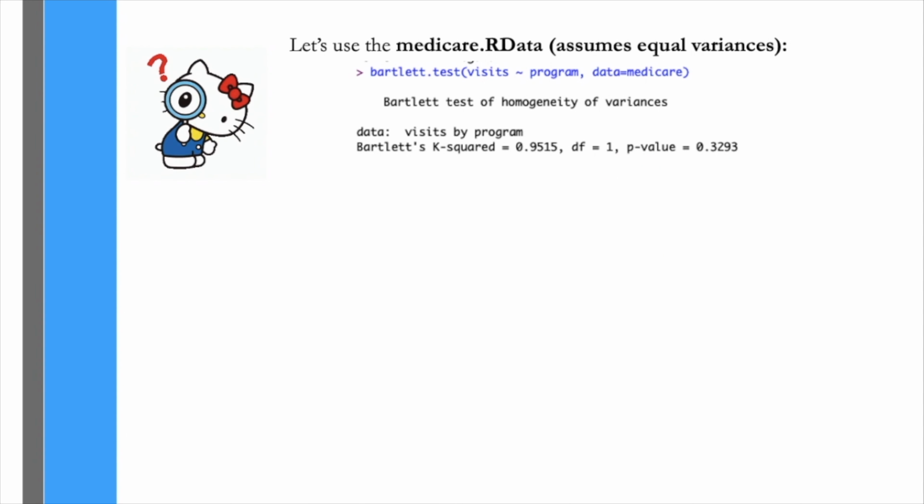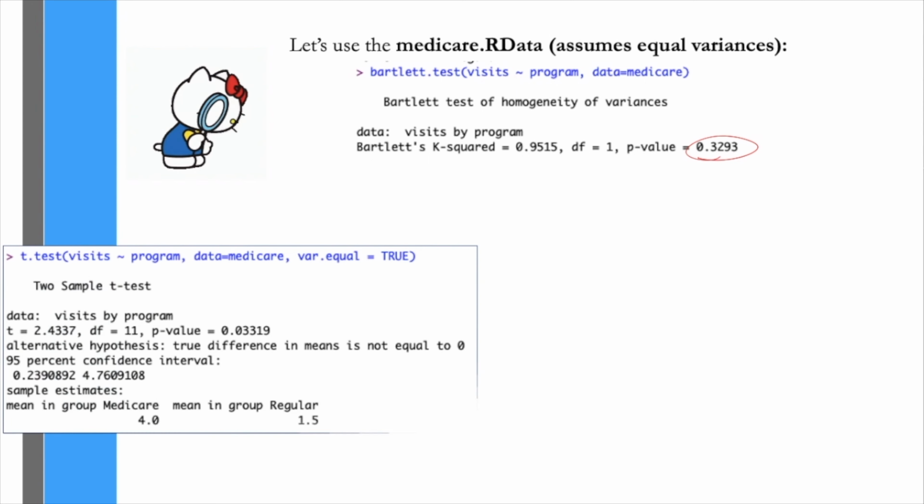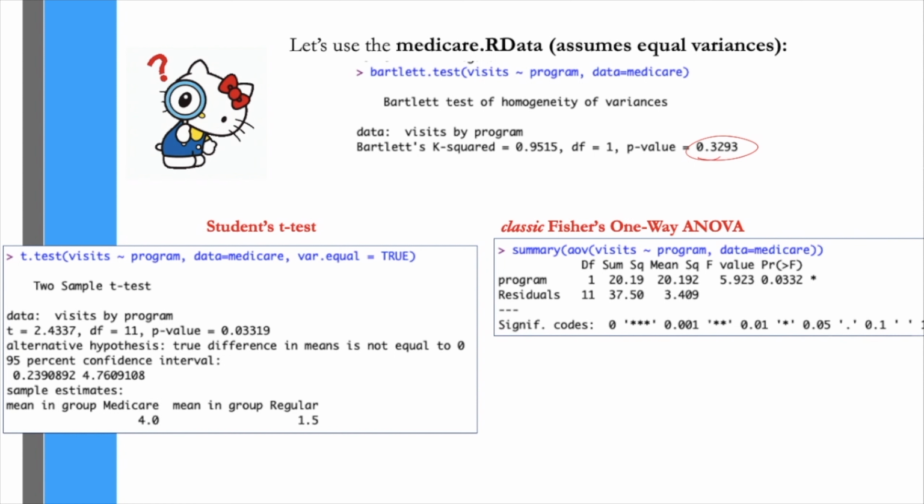In the Medicare.R data, which assumes equal variances, we have here the result of the Bartlett's test, which indicates that the population variances may be assumed to be equal. When we use the student's t-test, we have this result. And when we use the classic Fisher's one-way ANOVA, we have this result.